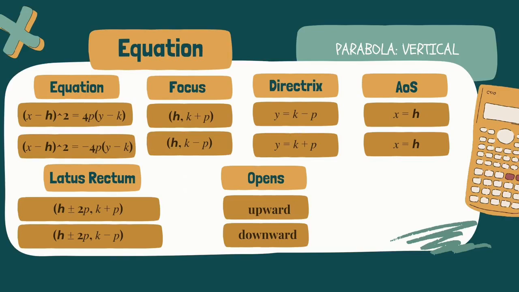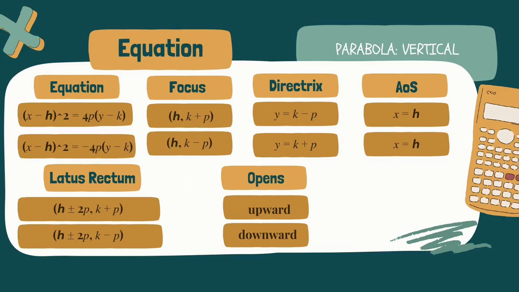So, moving forward, we're going to talk about the vertical equation. So, here, malaki yung pinagbago. I mean, hindi siya ganun kalaki, pero makikita natin yung differences sa mga formula. So, yung sa equation, ang nabago is nabaliktad. Diba? Nung sa horizontal, y minus k or y plus k ang nauuna. Ngayon naman po sa vertical, x naman po yung nauuna.